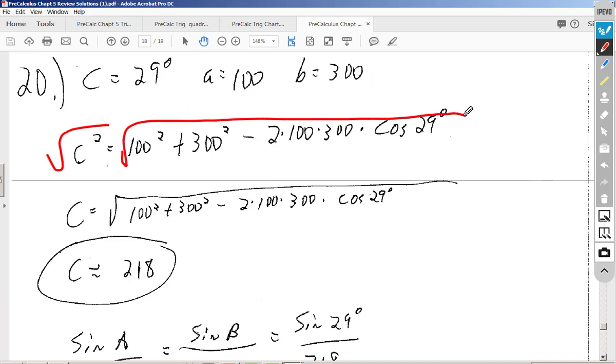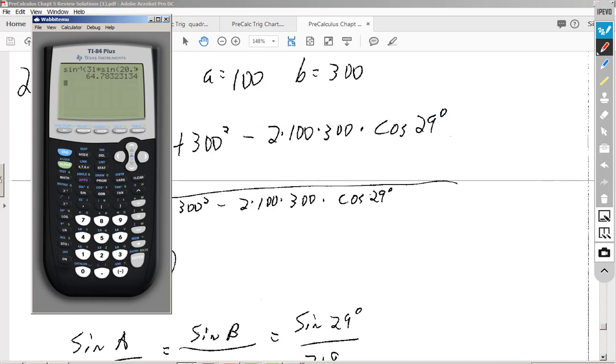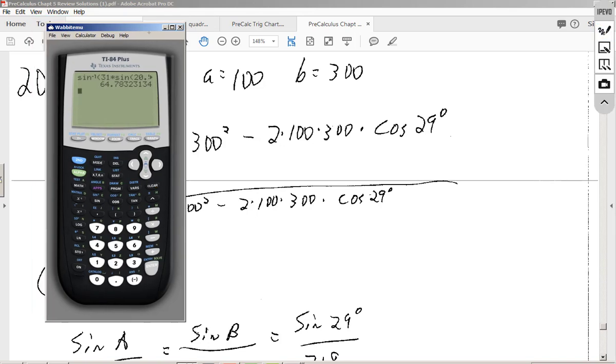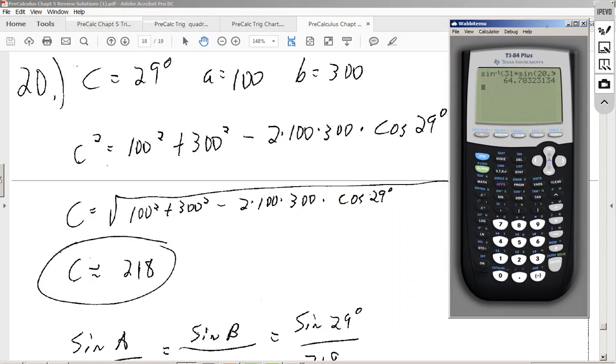So typing this into your calculator, I'm going to go ahead and bring up my calculator here, and we'll type this in. I'm going to slide my calculator over so we can see it a little bit better. So just go ahead and hit your square root key.